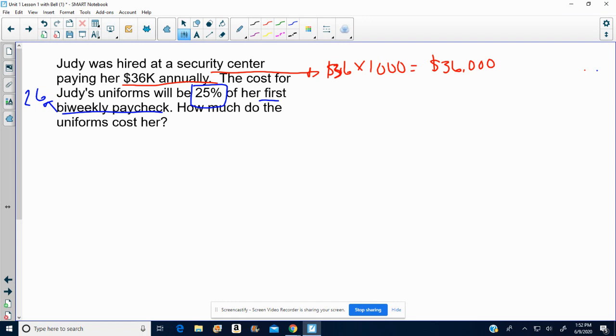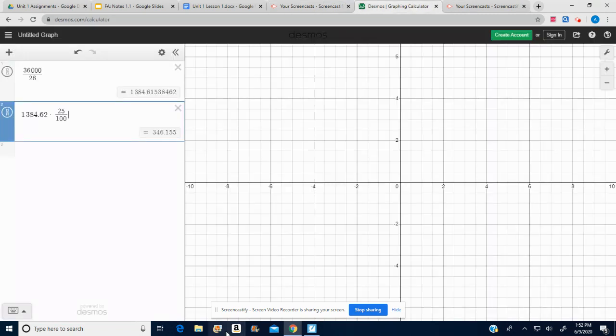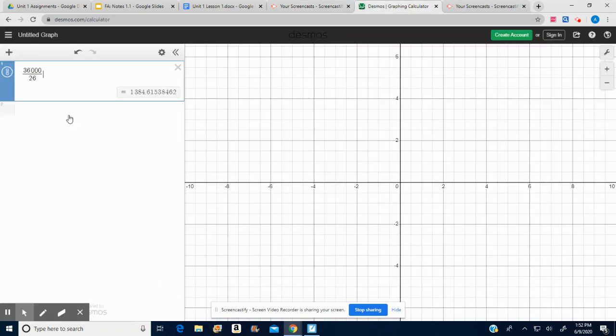So I'm going to take her $36,000 annual salary, and I'm going to break it down to biweekly. And in order to break it down, I'm going to divide by 26. So we're going to go back to my calculator, and we're going to see that 36,000 divided by 26 was 1384.615.